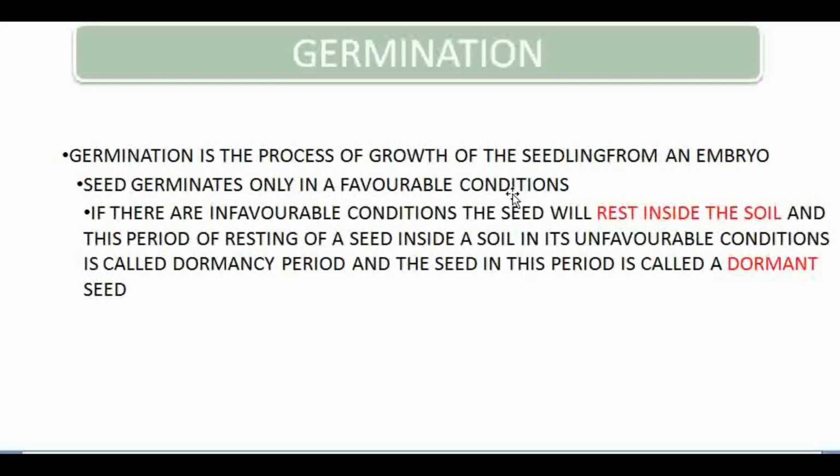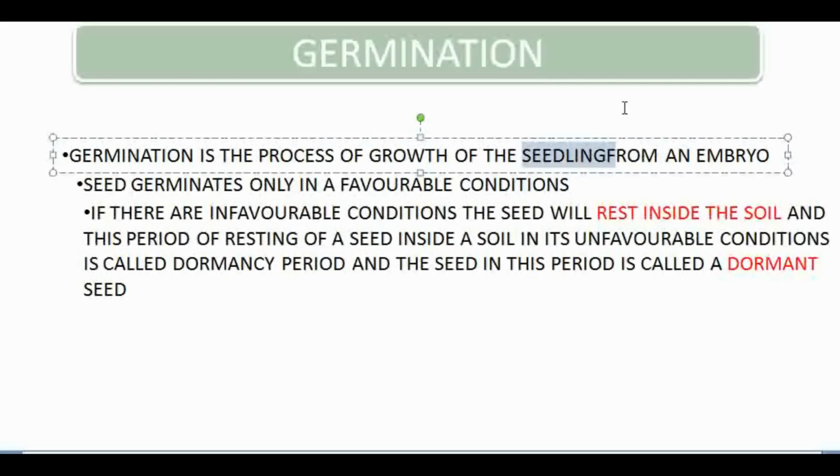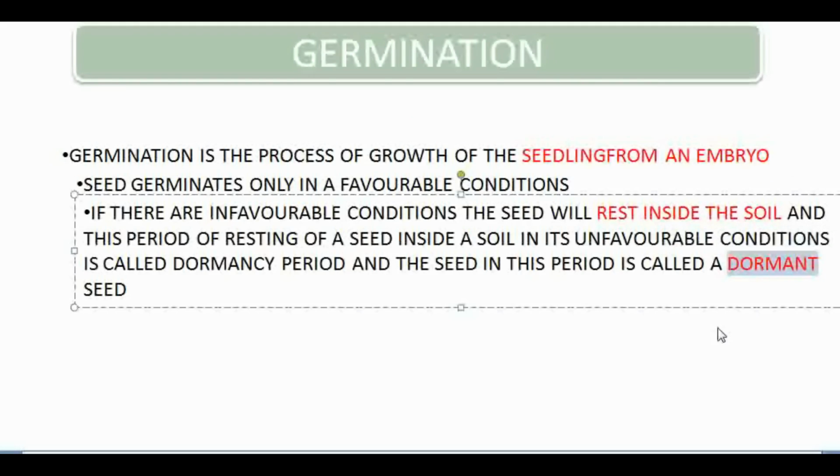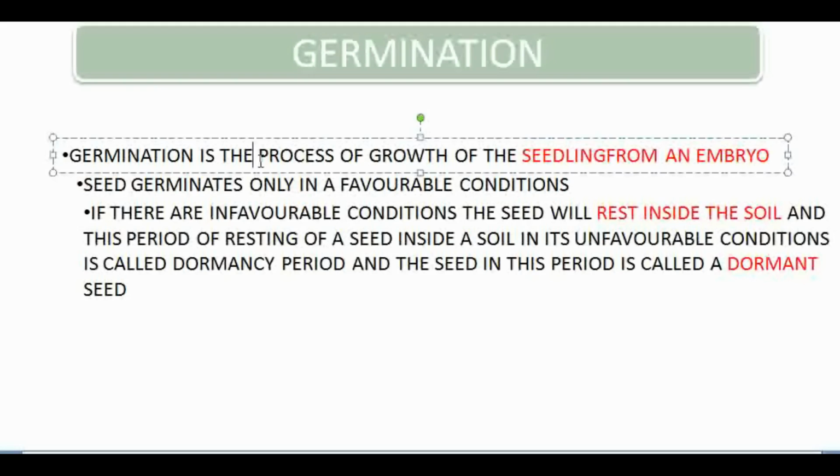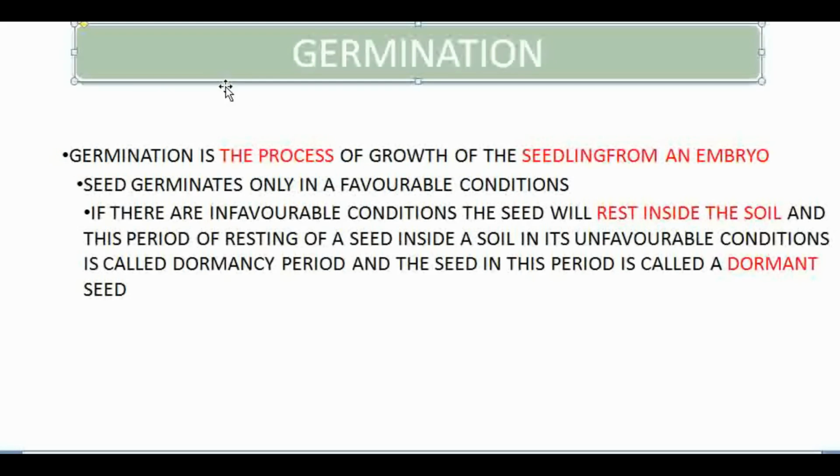Germination is the process of growth of a seedling from an embryo, till its end extent, that may be till its death. Maybe from a seedling to a tree, maybe from a seedling to a plant till its death. The process of its growth is completely called germination.